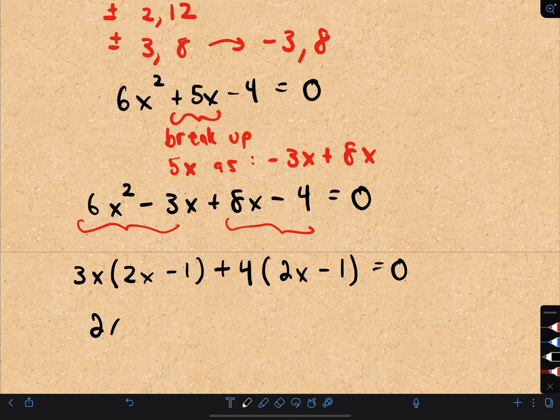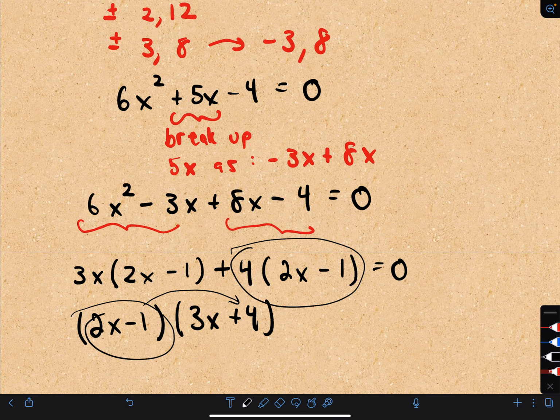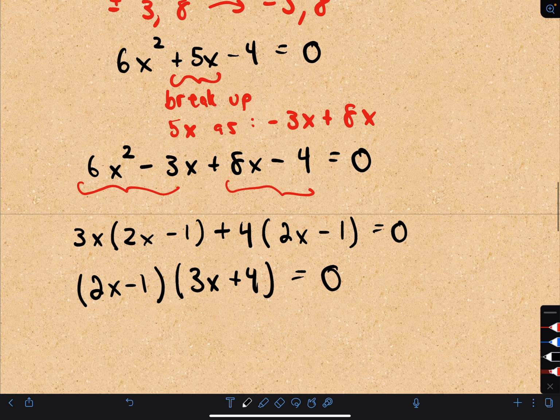So I could pull the 2x minus 1 out, and I would need a 3x left over and a positive 4 left over. Now if you multiply 2x minus 1 times 3x, I'm getting this first term. And if I multiply 2x minus 1 by positive 4, I would be getting the second term. So this factorization is now done.